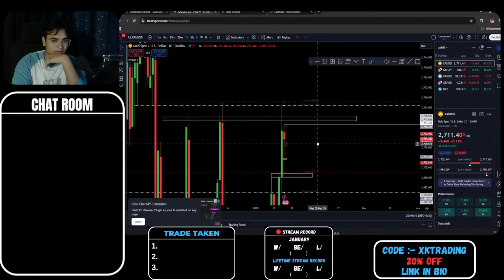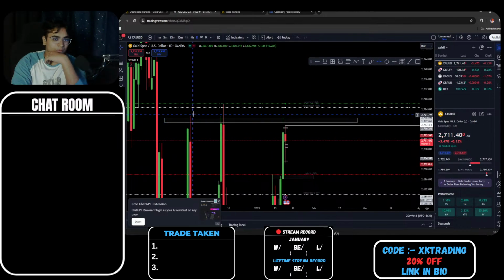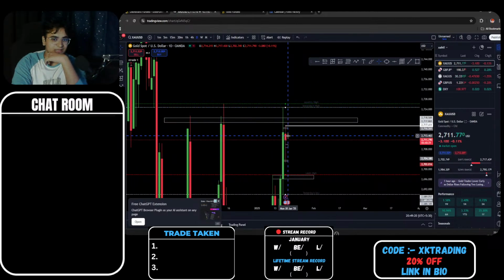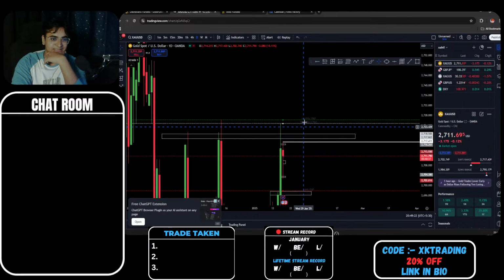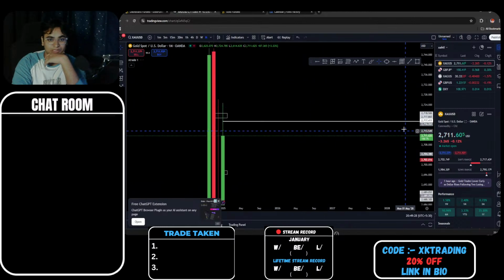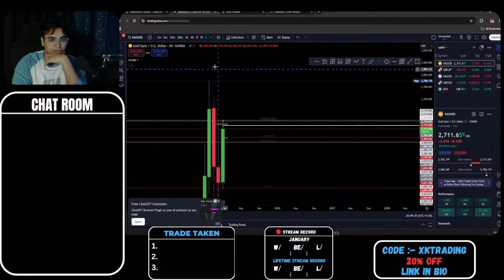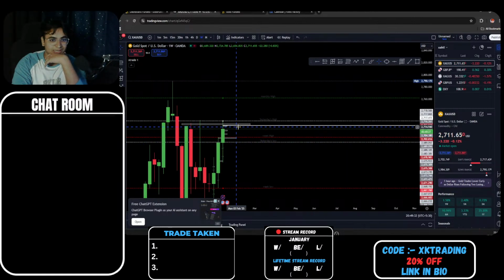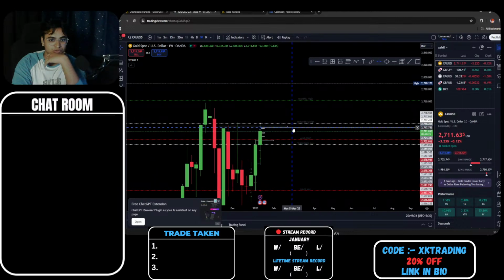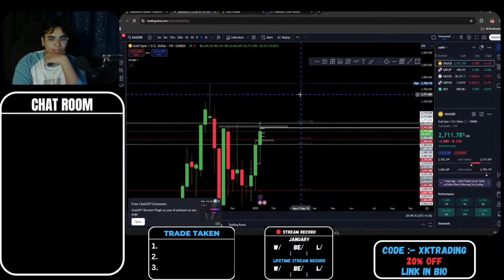Also, we have made a high, and if this candle makes a high, then it will be closing above the monthly high. That would be something crazy to see, because the monthly candle is totally bullish right now, as well as this weekly candle flipping bullish, and it's really strong. So there is a high possibility we can move much higher than this.